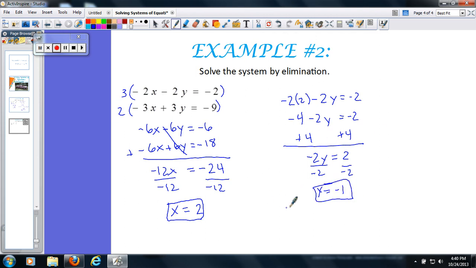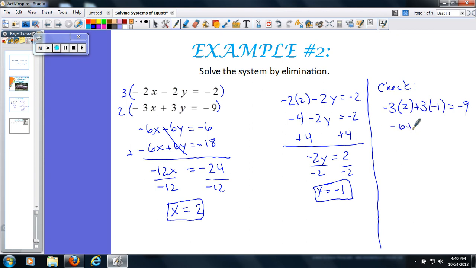Now we check our answer: negative 3 times 2 plus 3 times negative 1 equals negative 9. This is negative 6, and 3 times negative 1 is negative 3, and that's negative 9 equals negative 9, and it checks. So my answer is 2 and negative 1.